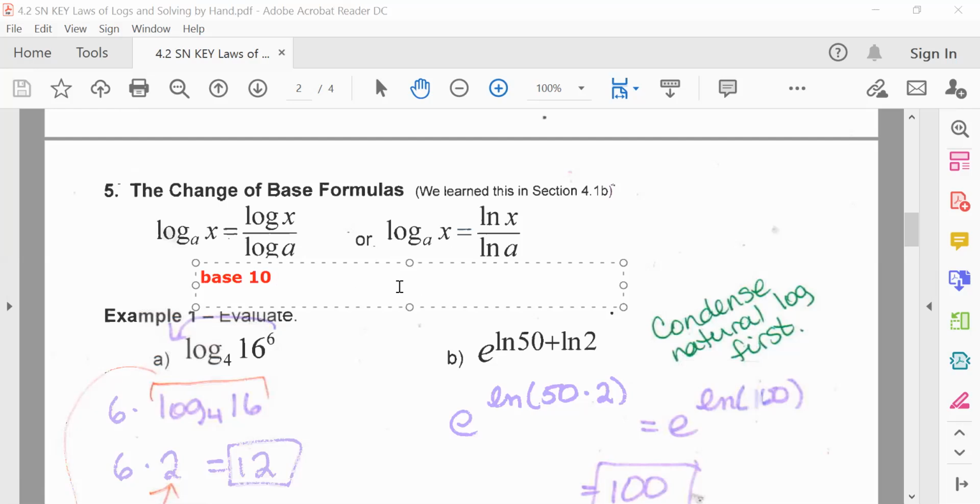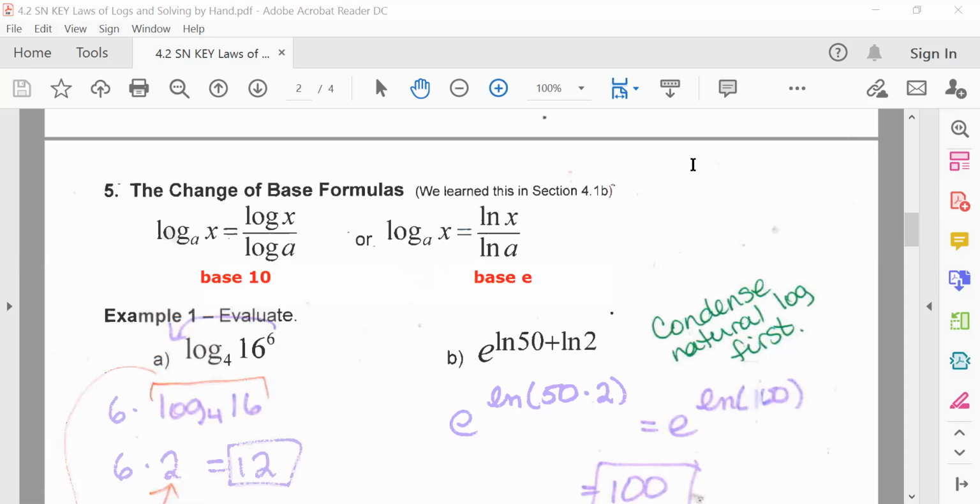Okay, now same thing, we can do the same thing with natural logs. Log base A of X equals natural log of X over natural log of A. What's the base of natural log? It is base e, and that is a lowercase e.